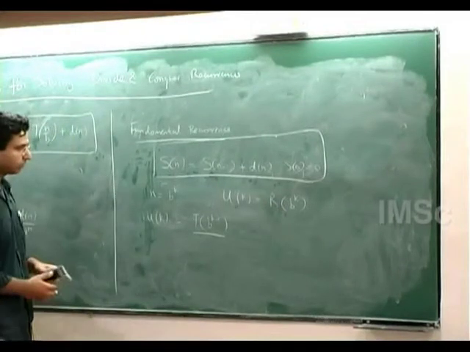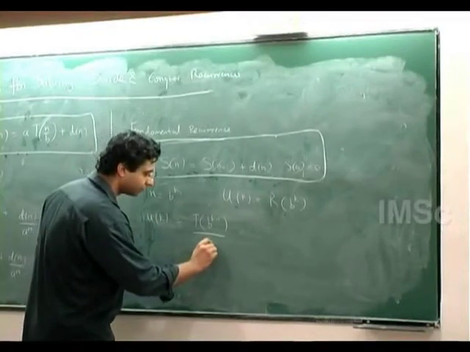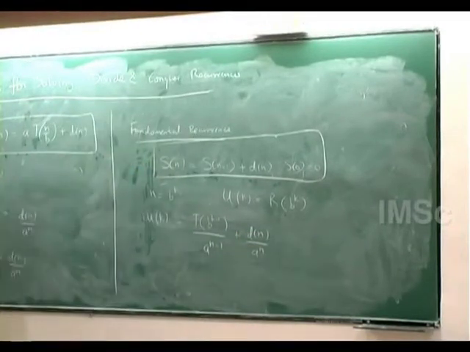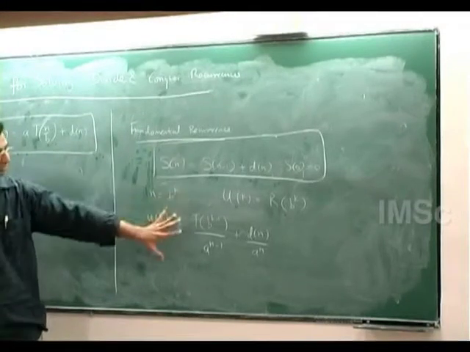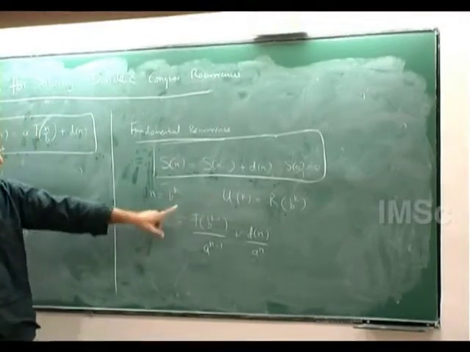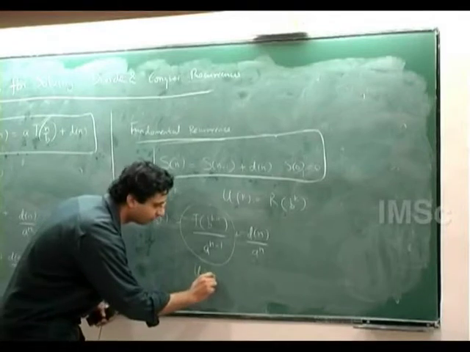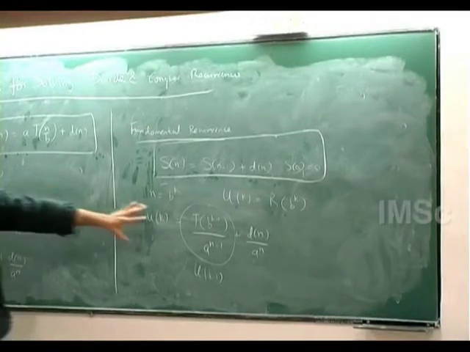So this was the range transformation, and now I'm doing the domain transformation. If I do that, I get u of k is T of b raised to k minus 1 upon a raised to n minus 1. I wanted this to be in the fundamental recurrence form, but it's not, because this is not u of k minus 1. I want this to be u of k minus 1. So this is not going to work. Applying a range transformation first and then applying a domain transformation does not give me a nice fundamental recurrence.